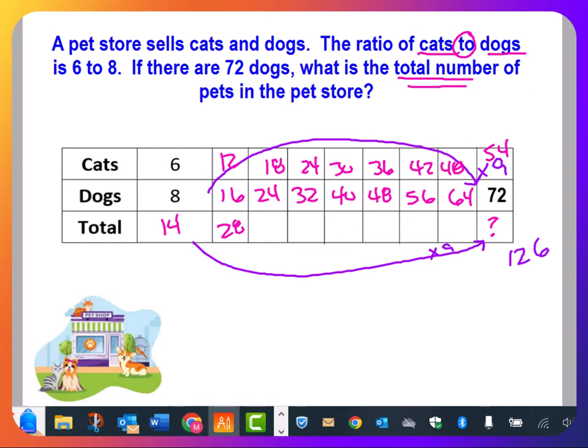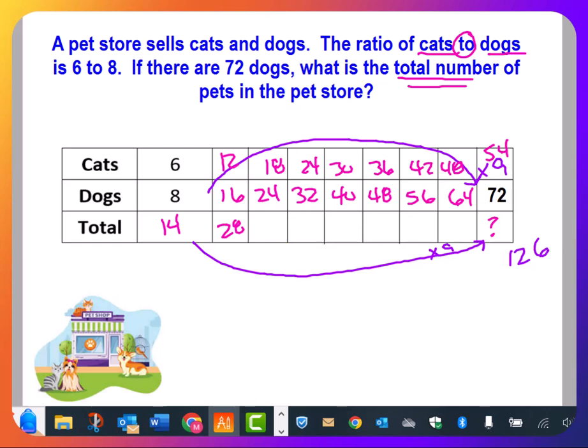And we can stop. Then all we have to do is add cats plus dogs, 54 plus 72 equals the 126. So with the ratio table, the one thing that's fun about this is that there's not one way you have to use the ratio table. There are different ways you could use the ratio table.